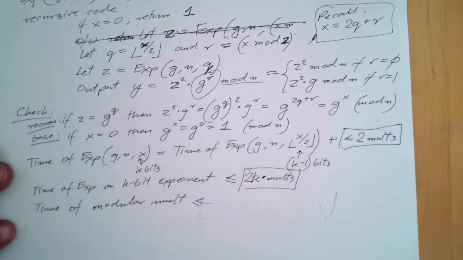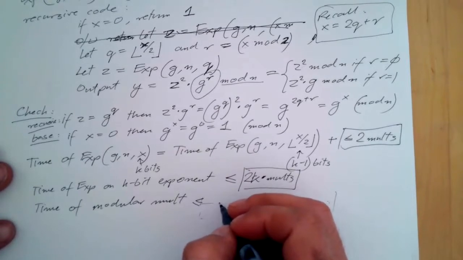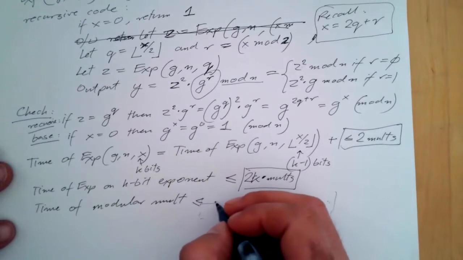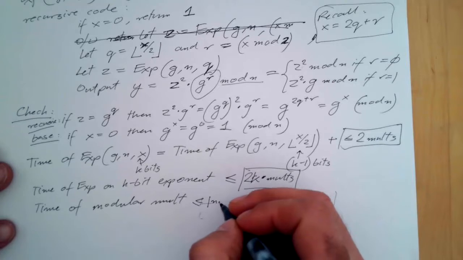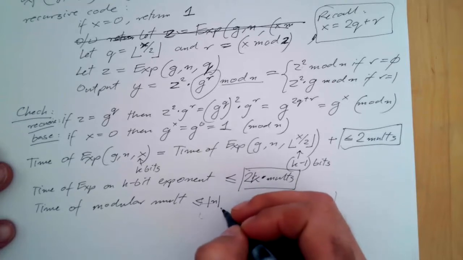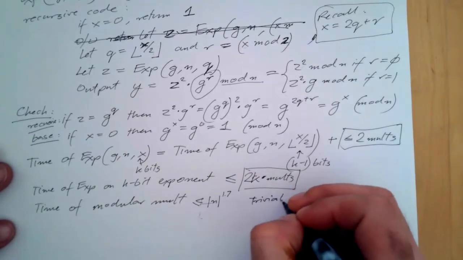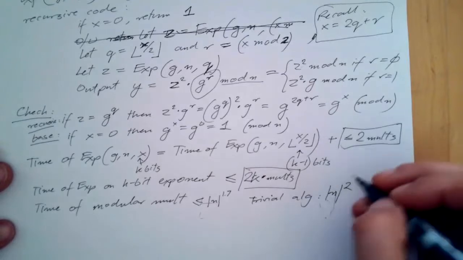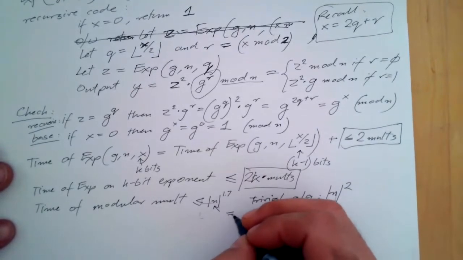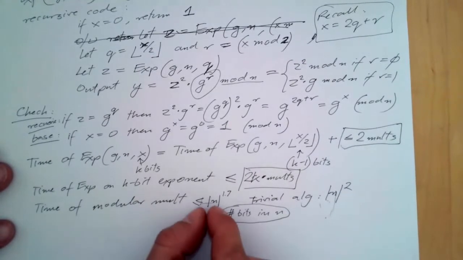But surprisingly, it's upper bounded by the bitwise length of n to the power 1.7. The trivial algorithm takes the length of the number squared, where my notation is the number of bits in n, so by length I mean length in binary.